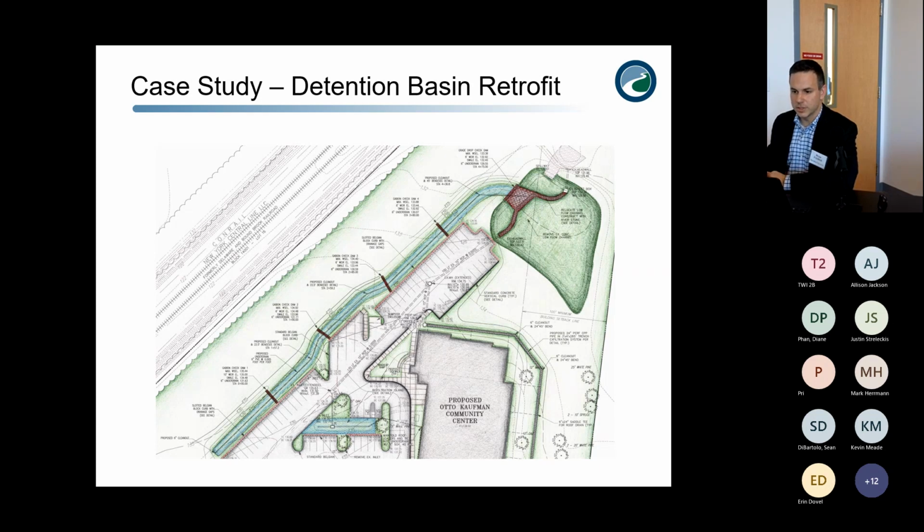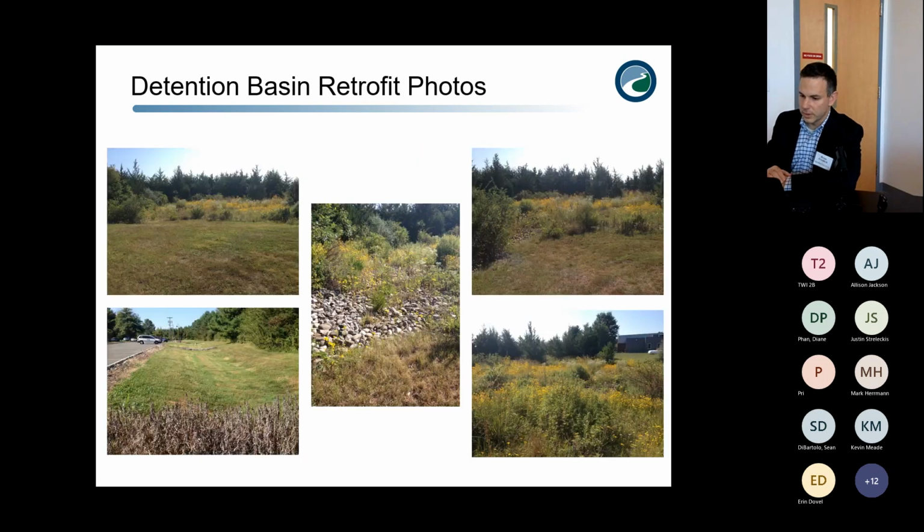We put in stone. We let it kind of naturalize that detention basin to allow it to function to hold water more effectively. And these are some photographs from that site showing the naturalized basin and the reduced volume and treatment efficiency that you get from that type of system.